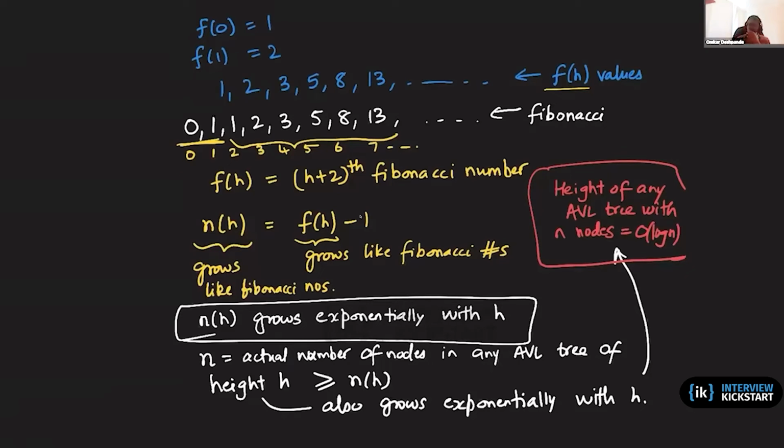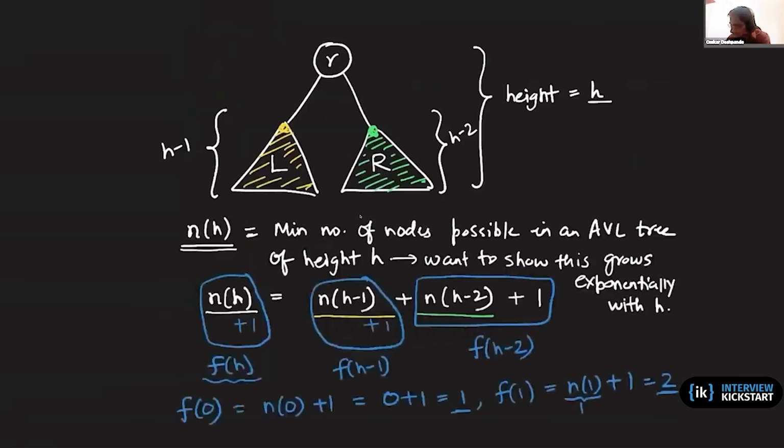Could you quickly recap what motivated us to look for AVL rather than the strict BST? Like, what motivated us to look for AVL tree rather than the complete binary search tree?